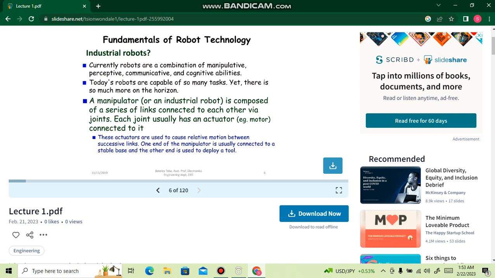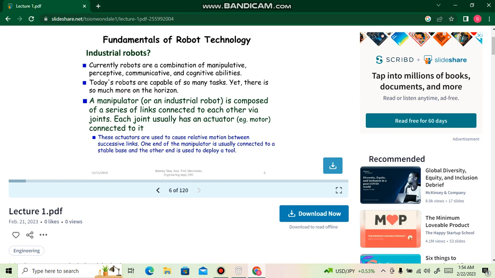Fundamentals of robot technology. Industrial robots. Currently, robots are a combination of manipulation, perception, manufacturing, and configuration abilities. Today, robots are capable of so many tasks, yet there is so much more on the horizon.